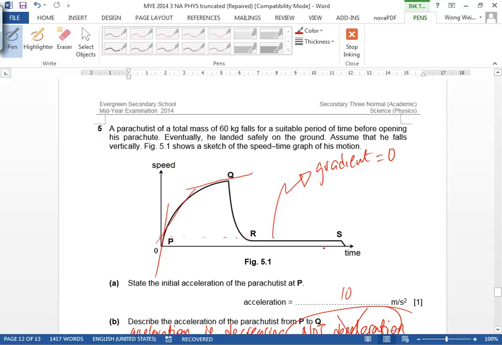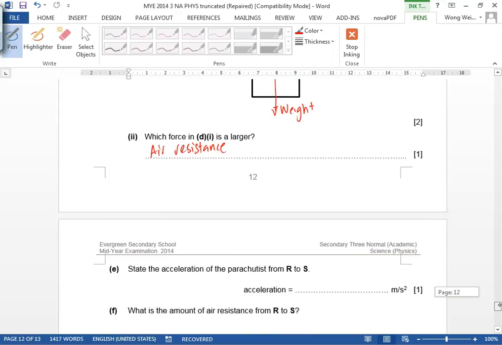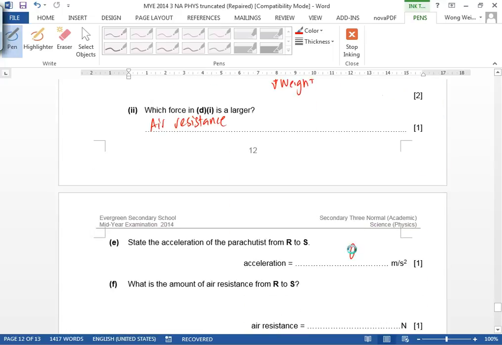What does the gradient of your speed-time graph tell you? Yes, it tells us the acceleration. Meters per square second. So that is our acceleration: 0 meters per square second.